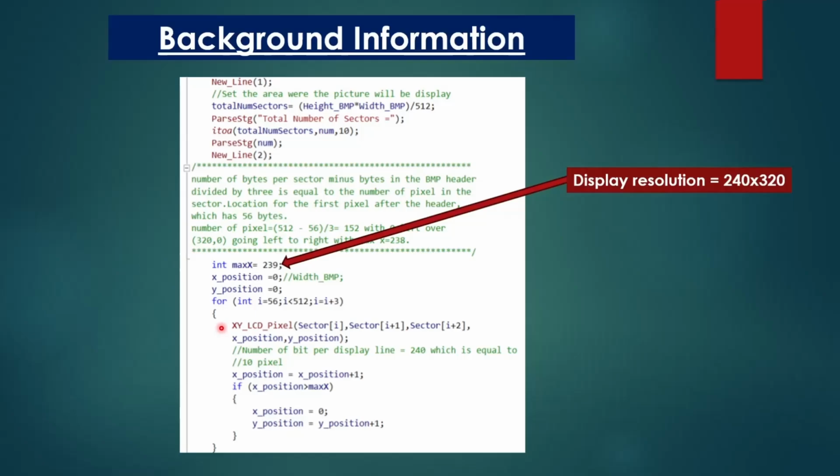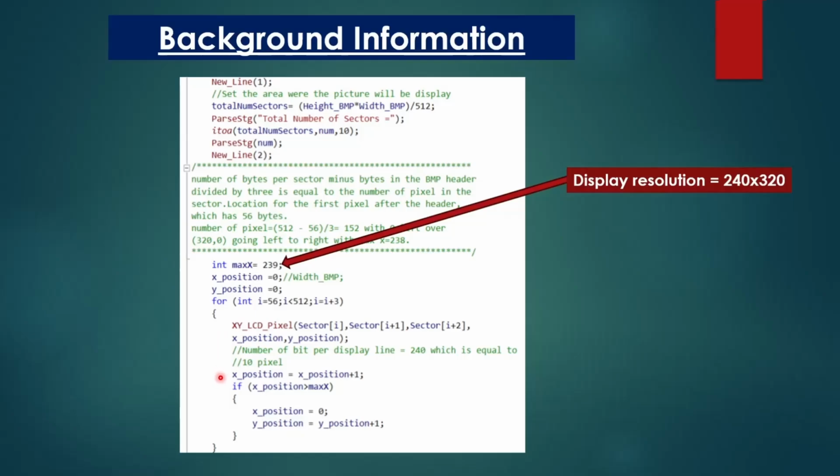So I have X, Y, and LCD pixels. I have sector I, sector I plus 1, and I plus 2, followed by the position. These three words, sector I, I plus 1, and I plus 2, define the colors of the pixel, and the X position and the Y position define the location where the pixel is going to be turned on.